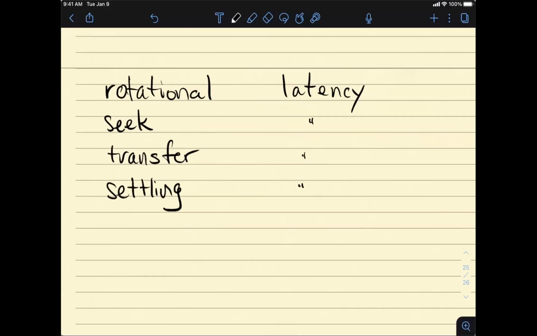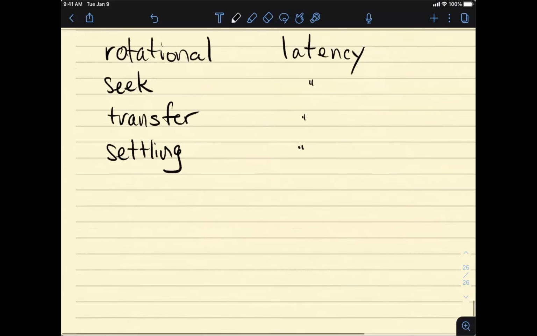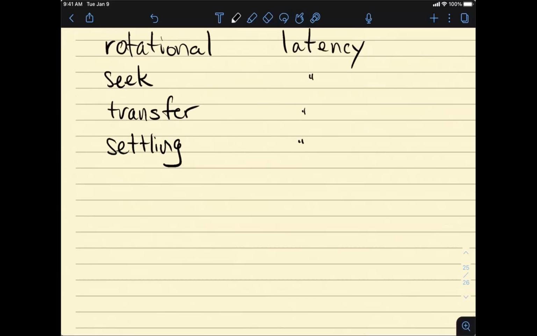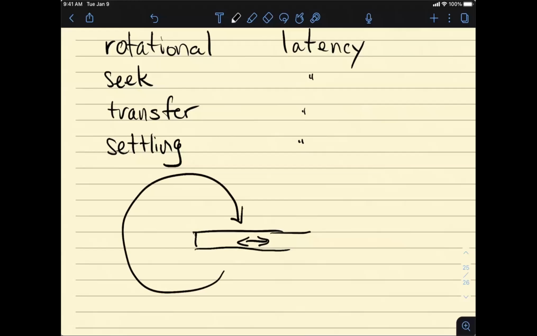All right, so rotational latency comes about because a spinning disk spins. The location of the heads is fixed apart from going in and out, but the disk has to rotate such that the data that you're looking for passes underneath the heads.